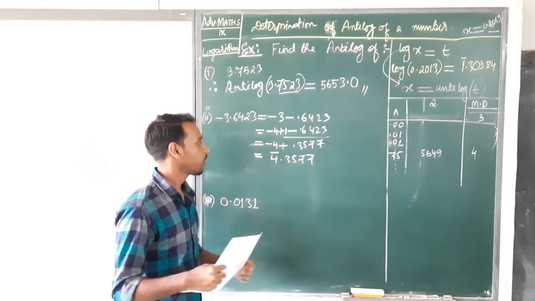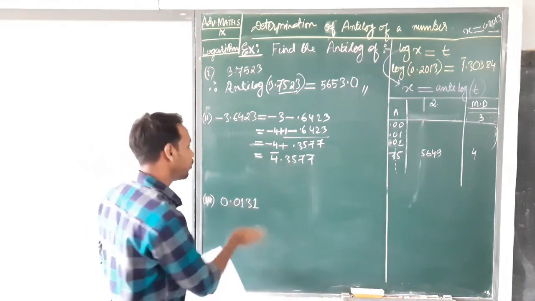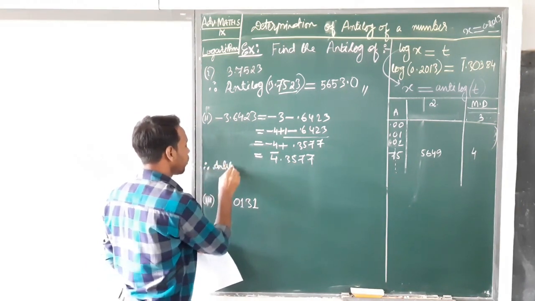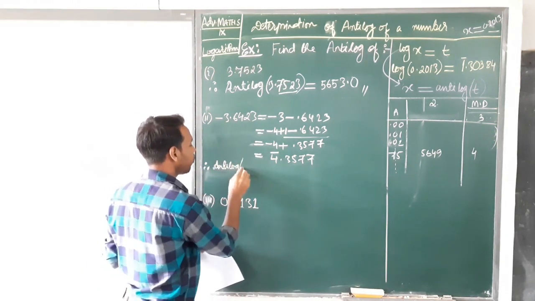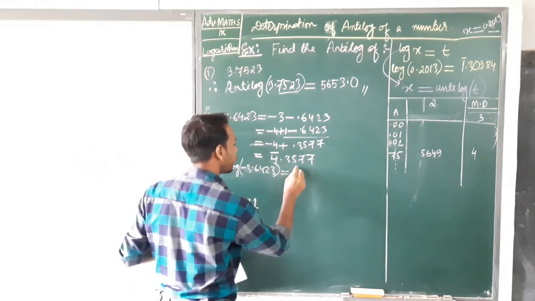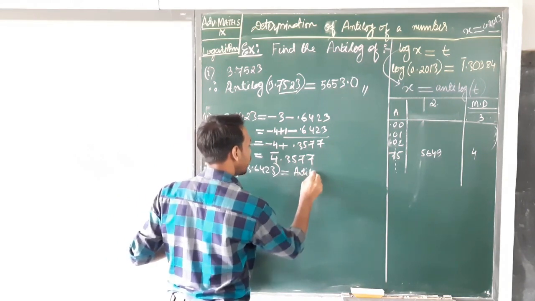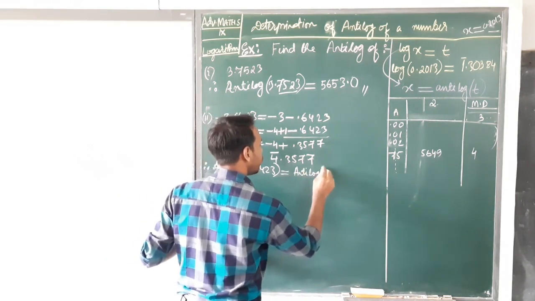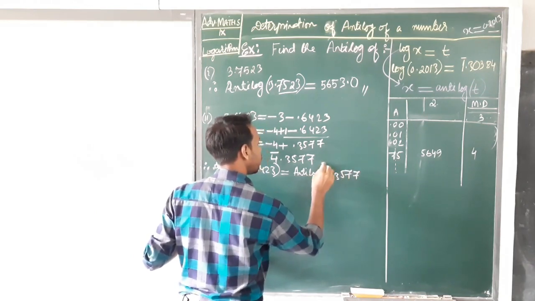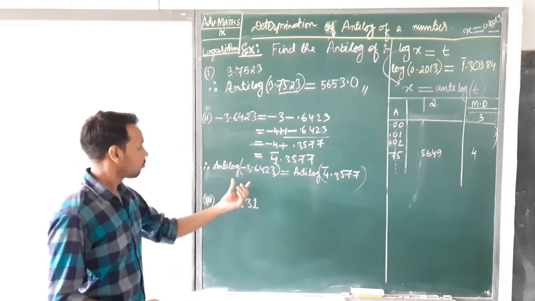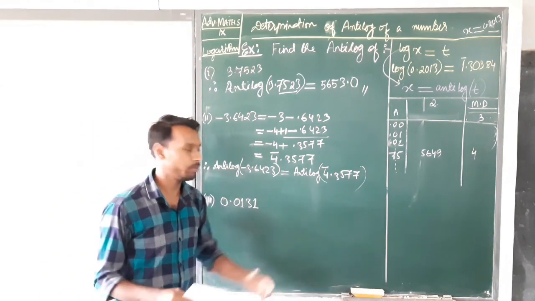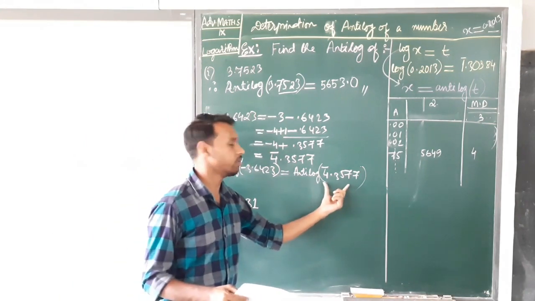Now this is positive, so we can find its antilog. Therefore, the antilog of minus 3.6423 can be written as the antilog of 4 bar point 3577. Very simple. Now we will find the antilog of this value.